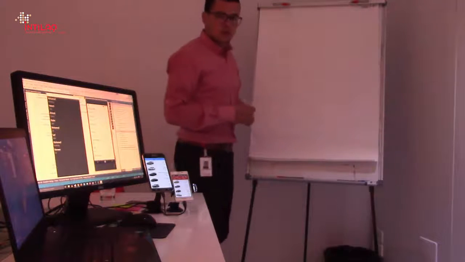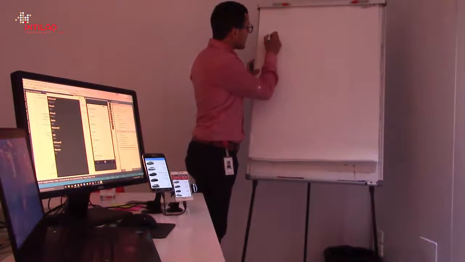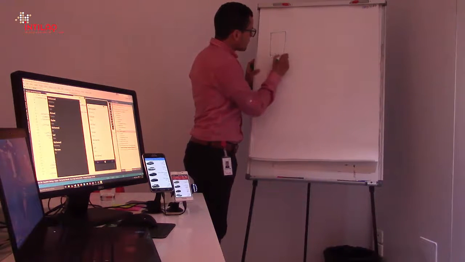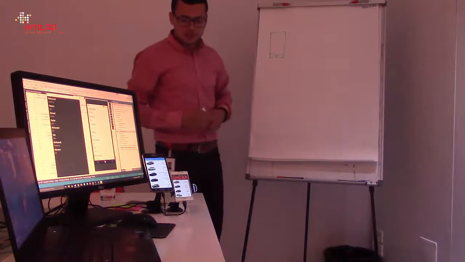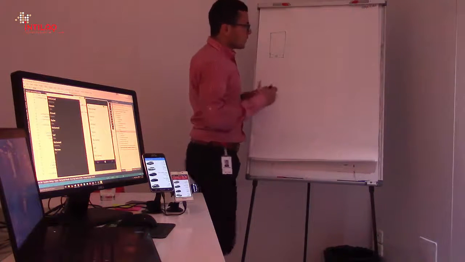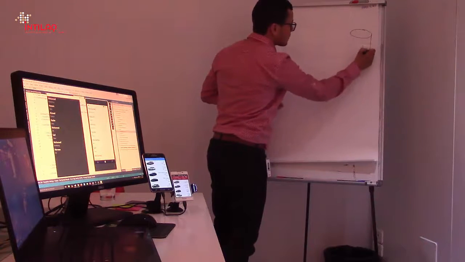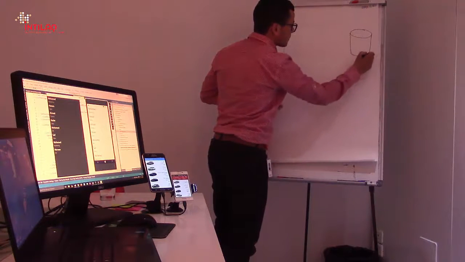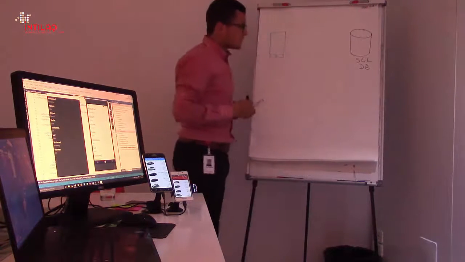So here I draw, let's say, the three components of my application. Let's say here I have the mobile device. It could be an iOS or it could be a Windows device. And then I have the database here. MySQL database.